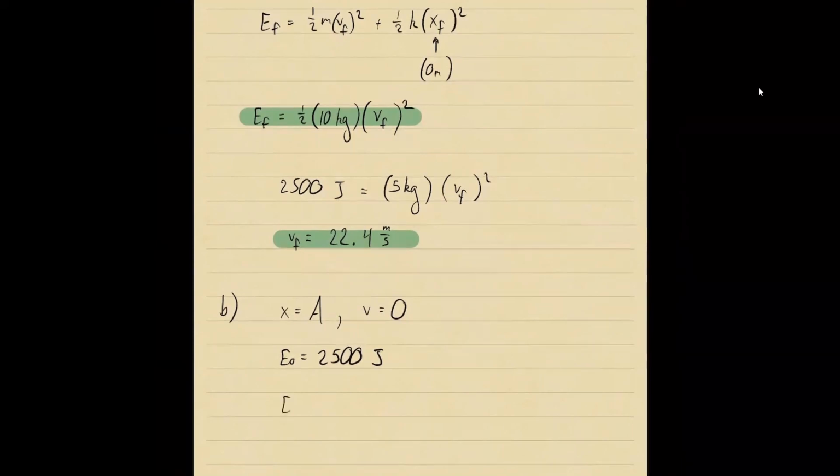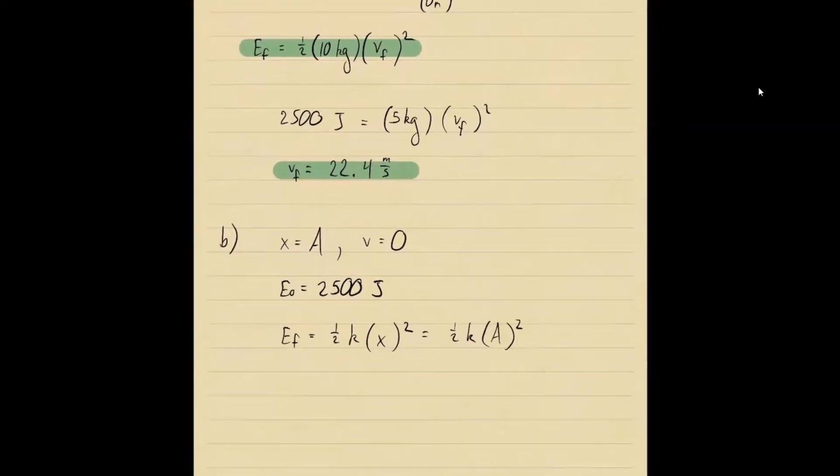In that case, the final energy of our system is going to be entirely the spring potential energy. Since we're at x equal to A, this is 1/2 times k times A squared.